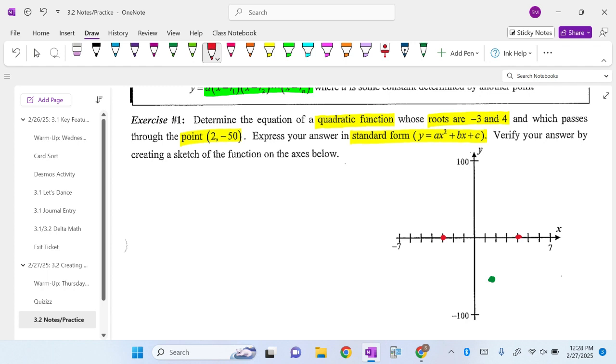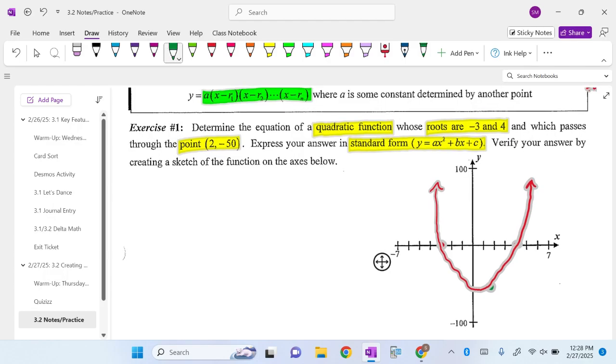So if I wanted to draw a quick sketch, it probably would look, and this is not exact, something like this. All right. And again, it's not an exact sketch, but the sketch of the graph kind of gives you a good idea what's going on. All right. Now, next thing we're going to do is actually figure out what it is in factored form.